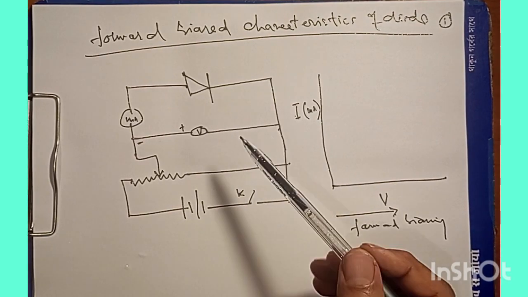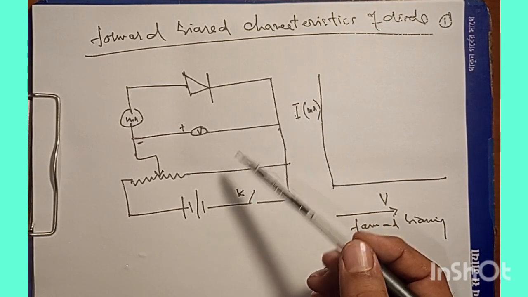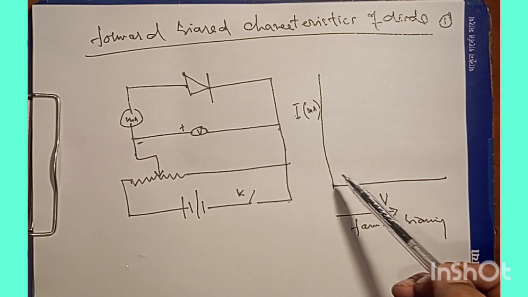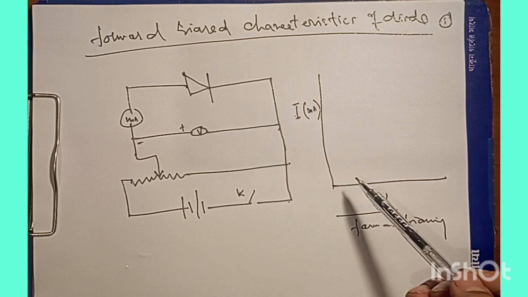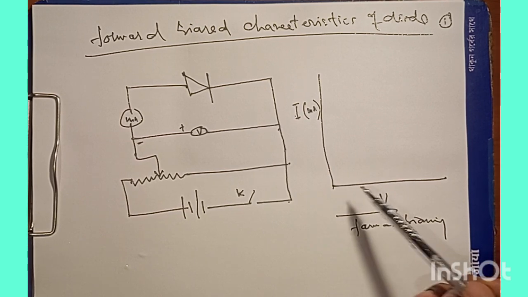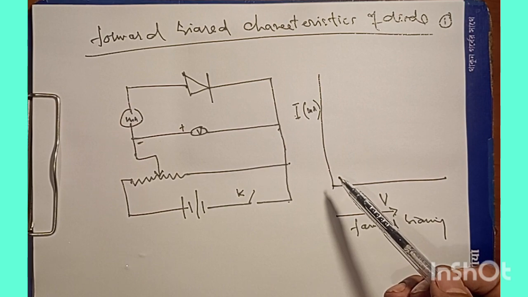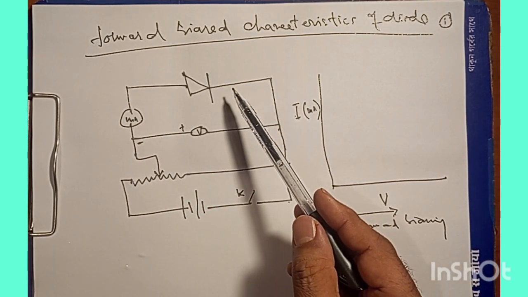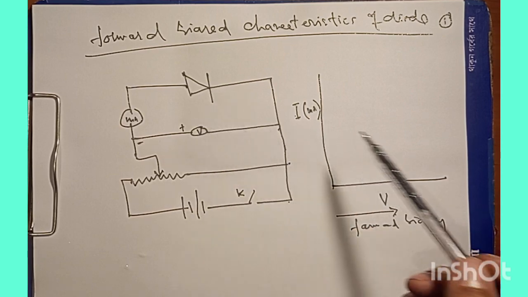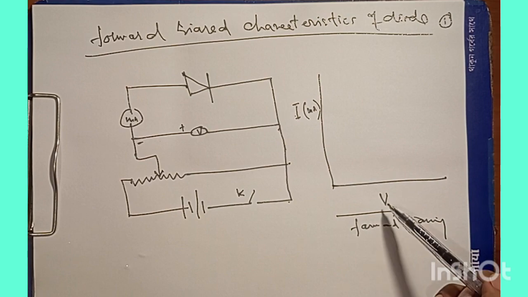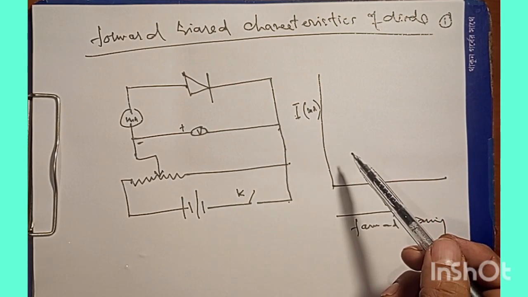So the graph that we will have shows the variation of current with respect to the variation in the applied voltage, and we call this the forward biasing characteristics of PN junction. For that we have the circuit diagram for the forward biasing of the PN junction, and we would like to plot the graph between the voltage and current for this PN junction.